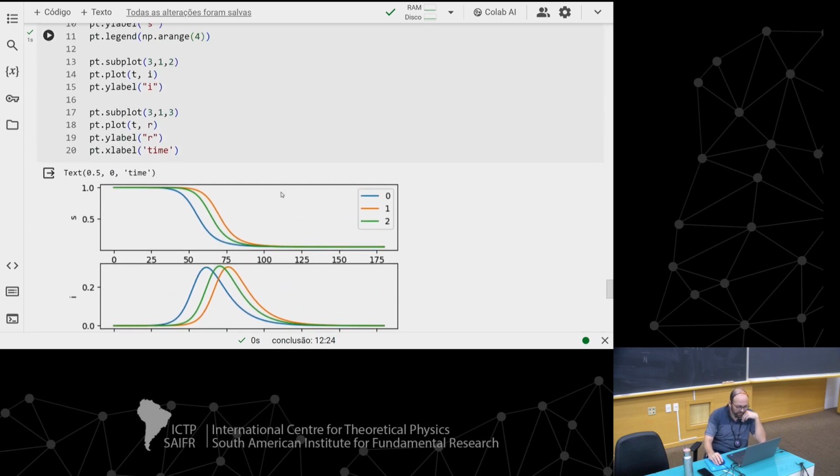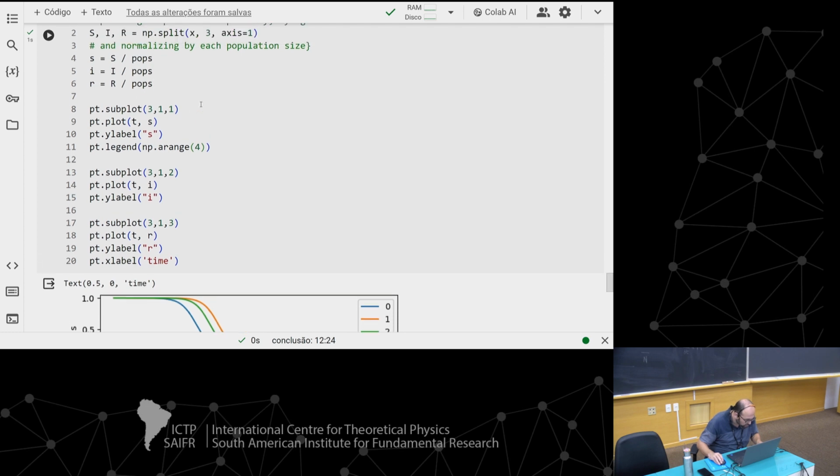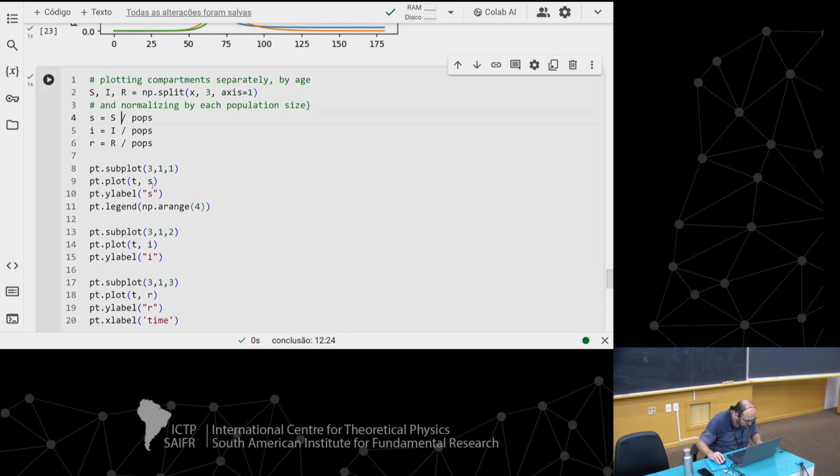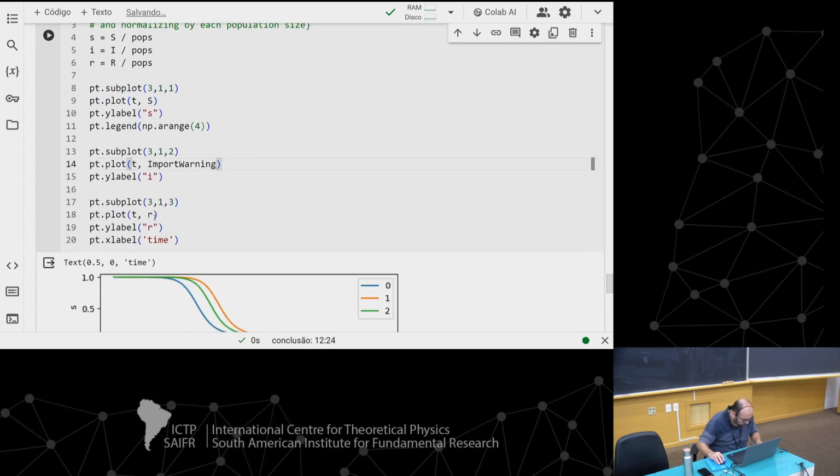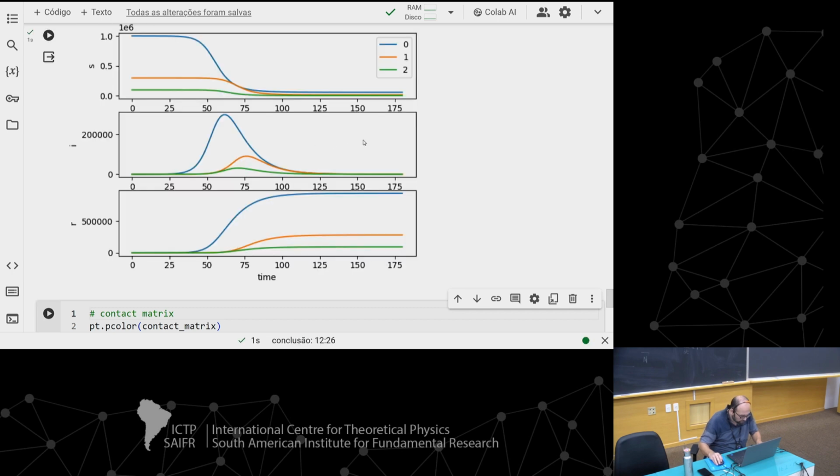If you go back to the numbers, if you didn't divide this, they're going together at the beginning, but then it saturates sooner for the city with fewer people. So now it makes sense. They go together here at the beginning, but then it starts to saturate faster for the smaller city.